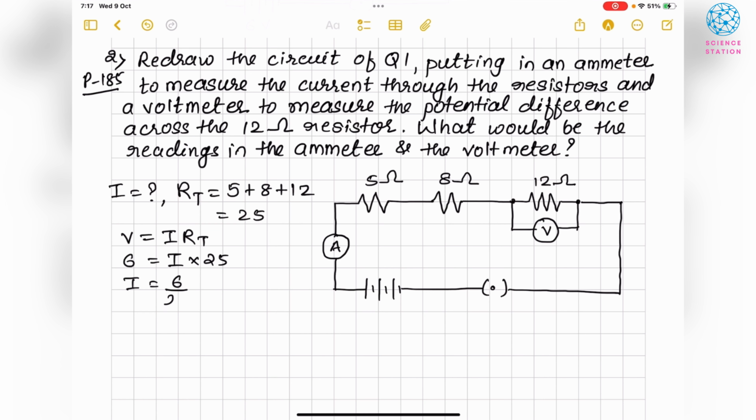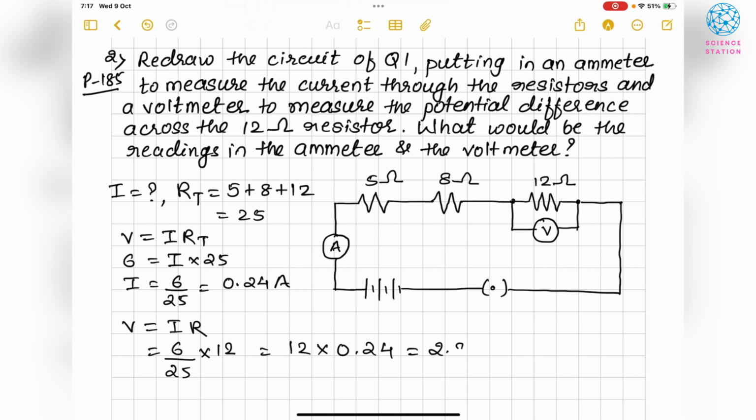So I will be 6 upon 25, so that will come to 0.24 ampere. Now we know that V equal to IR is the formula. So now I is 6 upon 25 and I am taking the 12 ohm resistance. So that will be 12 into 0.24, so that will be 2.88 volt.